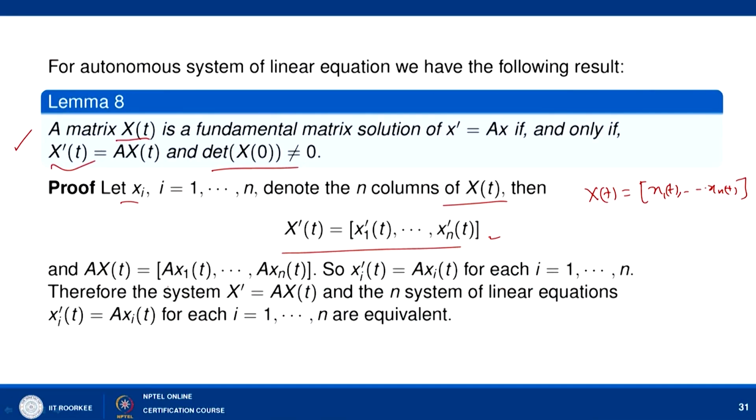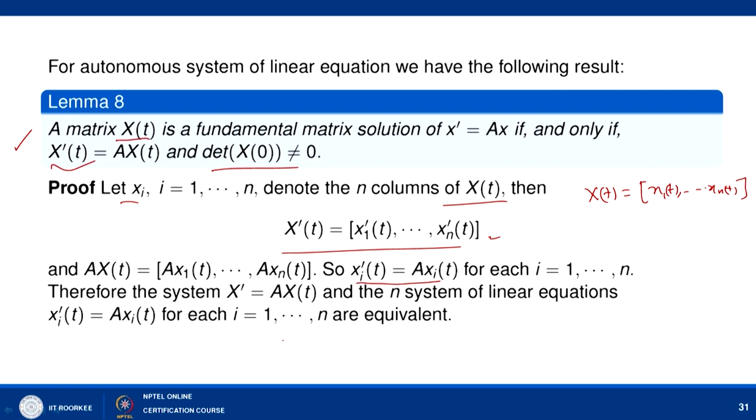So, here X dash is equal to x1 dash(t) to xn dash(t). Now, AX(t) is given as Ax1(t) as the first column up to Axn(t) as the nth column, and since these two matrices are equal, we can say that xi dash equal to Axi(t).